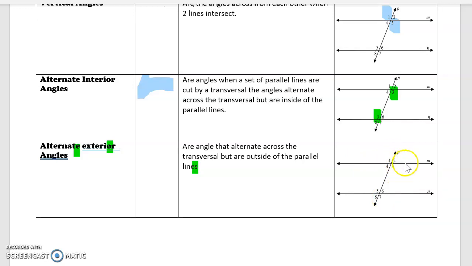Angle 1 and angle 2 are adjacent, so they're not alternate exterior angles. So I have to go all the way to the other side of the parallel lines, outside of the parallel lines.